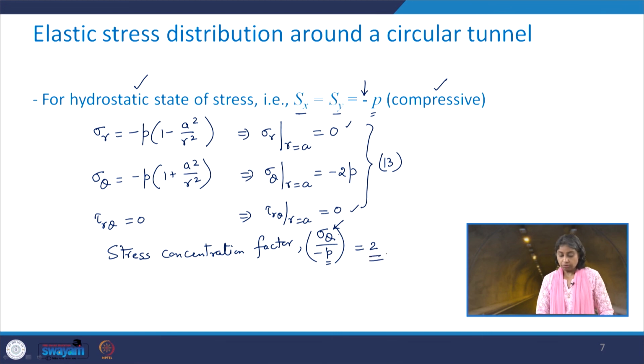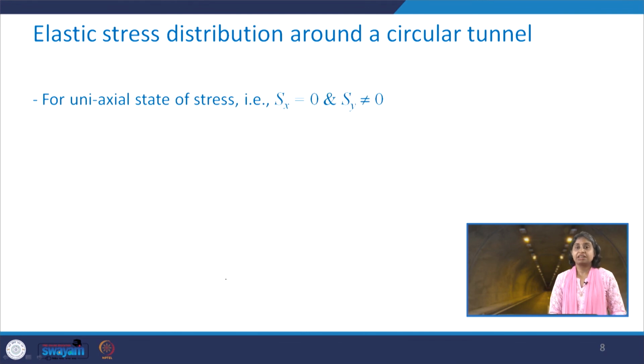is equal to 2. Now, coming to the uniaxial state of stress, in this case I have the applied stress only in the y direction and in the x direction this is equal to 0. That means the stresses are applied only in the vertical direction. So, what is going to be the expression for sigma r, sigma theta and tau r theta?